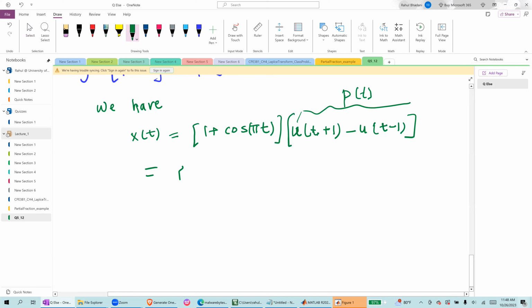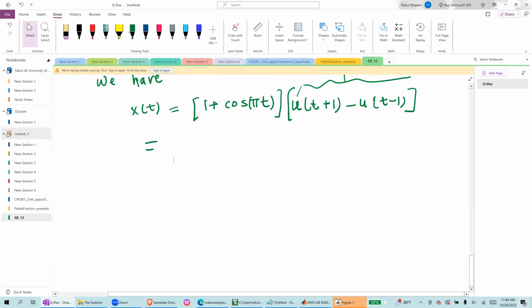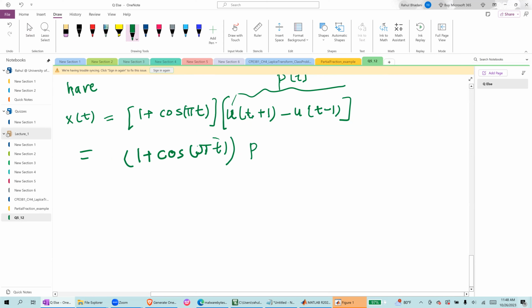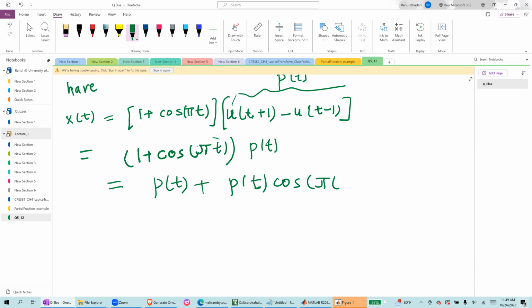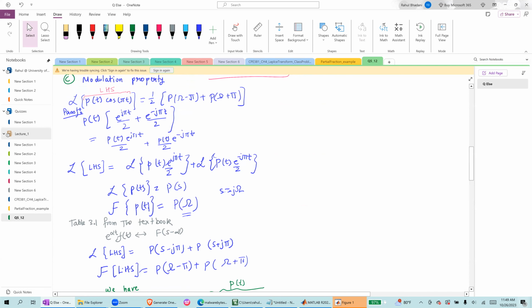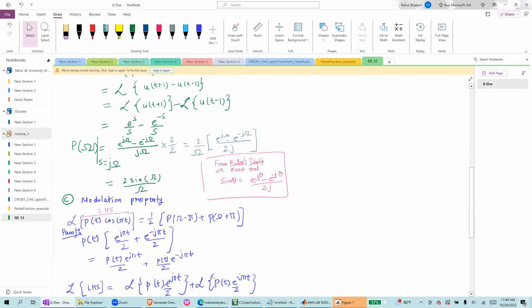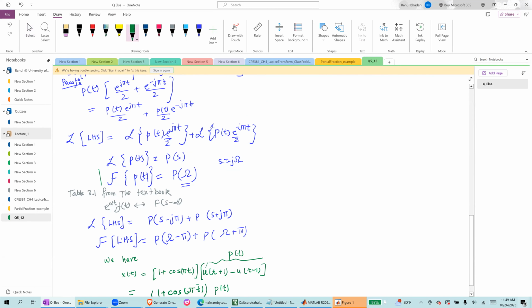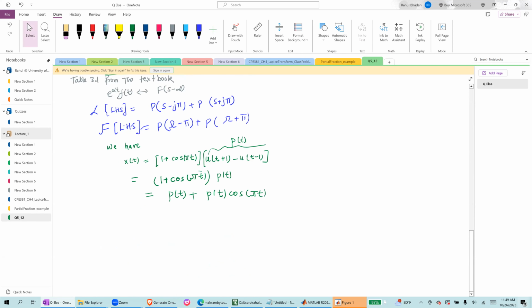Let me write this down first: 1 plus cos(πt). Now taking the Fourier transform on both sides of x.